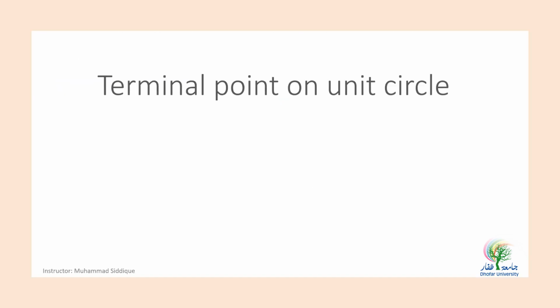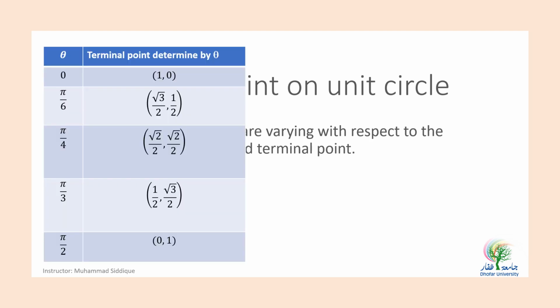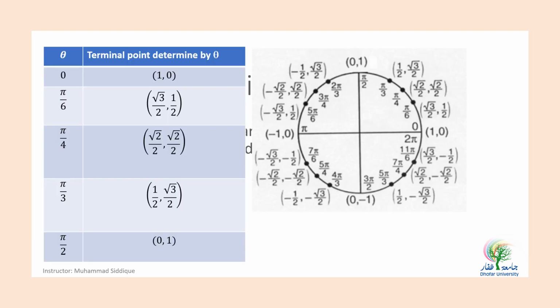Now, terminal points on the unit circle. Points on the unit circle that vary with respect to the angle theta are called terminal points. So we have a unit circle.